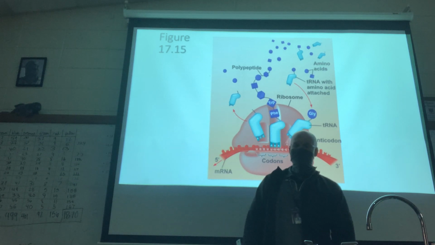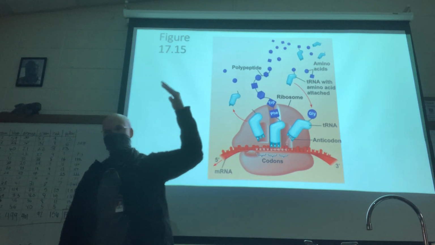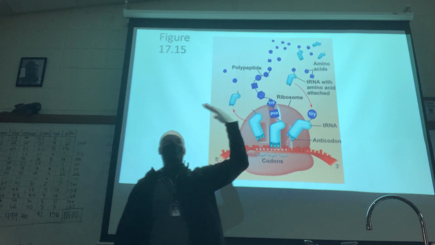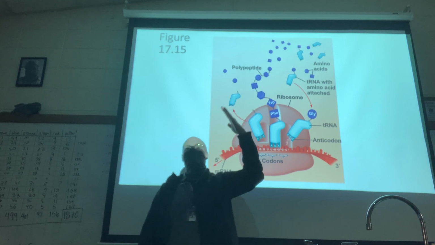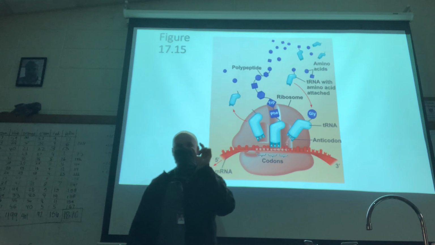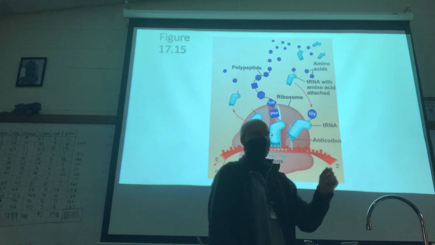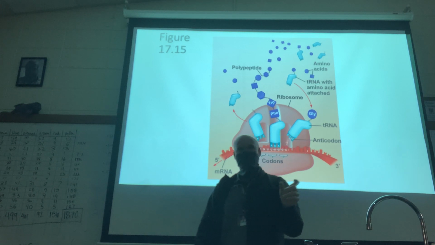So last class we talked about transcription and translation, which is how you go from DNA to mRNA to a ribosome where proteins are made one amino acid at a time based on codons that are in the RNA message.